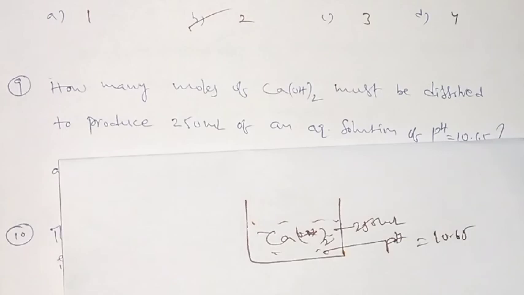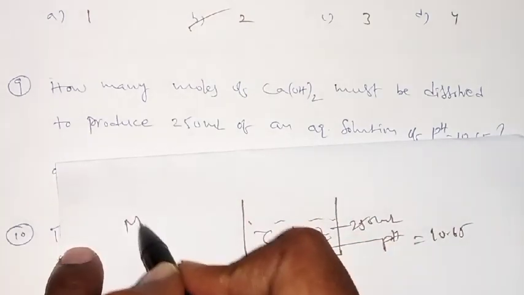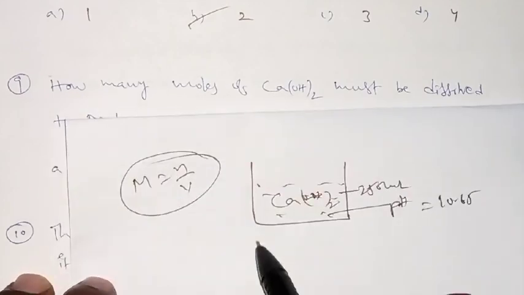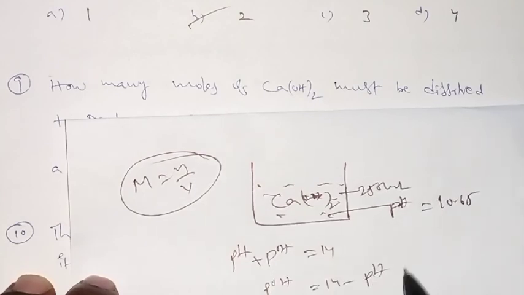Now if you want to identify the number of moles, again M equal to n by V. This is the formula: concentration equal to number of moles per volume. As per the given data, first we require OH minus. First of all, what is the step we are supposed to take? You know that pH plus pOH equal to 14, then pOH equal to 14 minus pH.